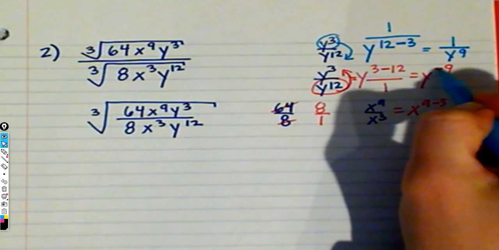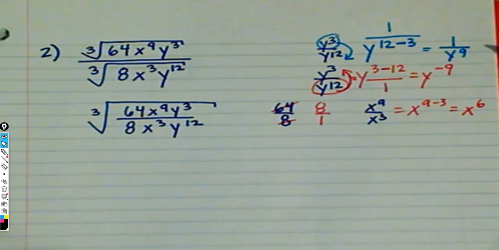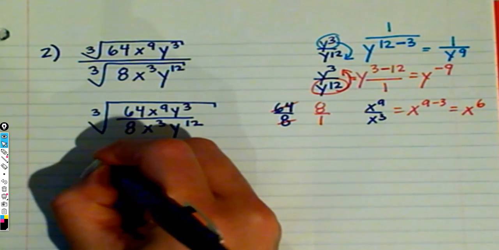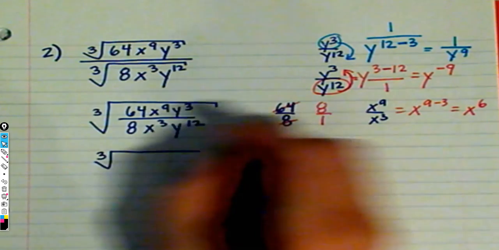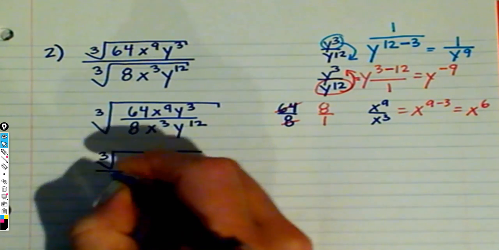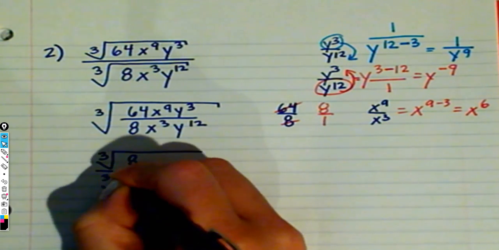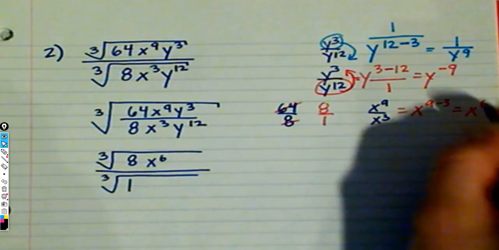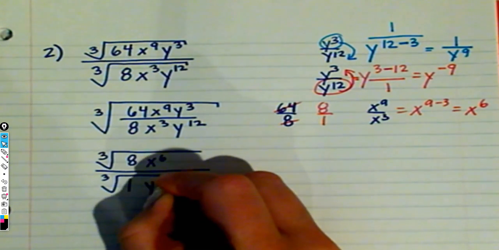Oh, check that out. A negative exponent is just in the denominator. Okay, so let's write down this reduced version from what we have. Okay, 8 over 1, x to the 6th, y to the 9th.